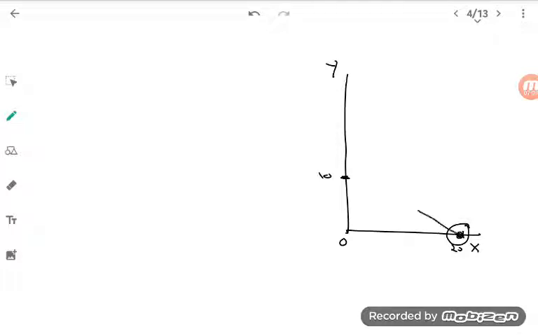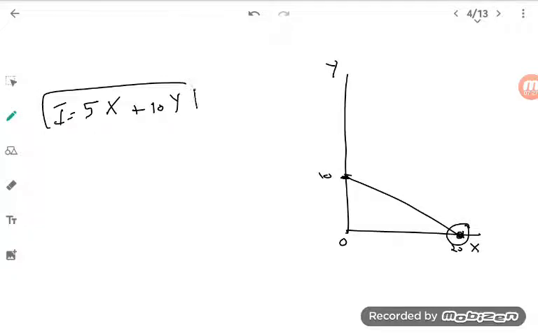This is point number 2. So this is the budget line. It's a straight line. If you would like to write the budget line, I equals Px X, which is 5X, plus Py Y, which is 10Y. So this is the budget constraint.